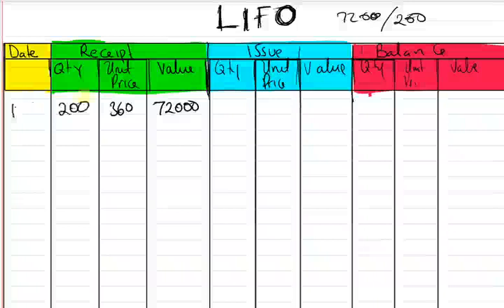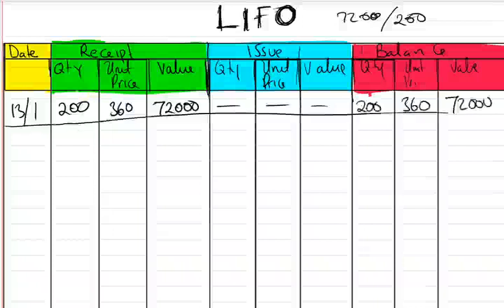So that's happening on 13 January, right? There is no issue on the same date. That means our balance will be 200 at 360. The value will be 72,000. We can close that one.